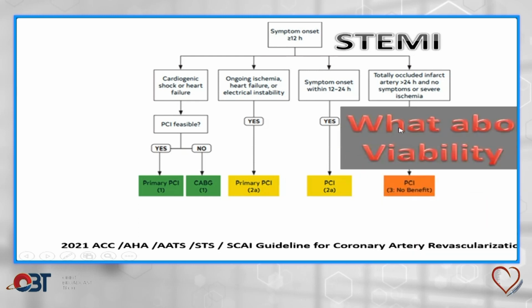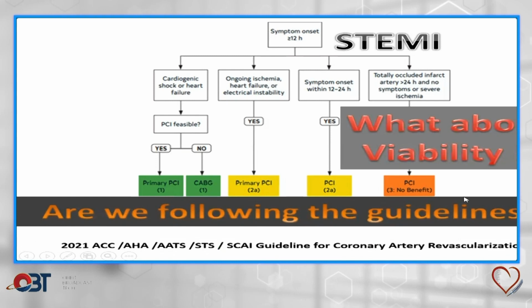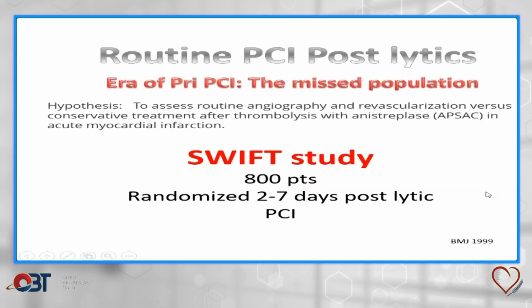But folks who present late, this is the actual cohort that we are interested in, who present very late. Does viability have any value there? Just looking at, are we following the guidelines? So I'll be more to the point along these two lines.